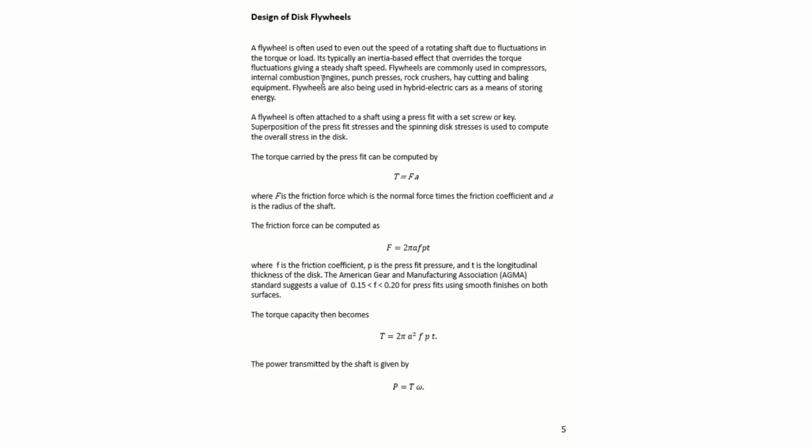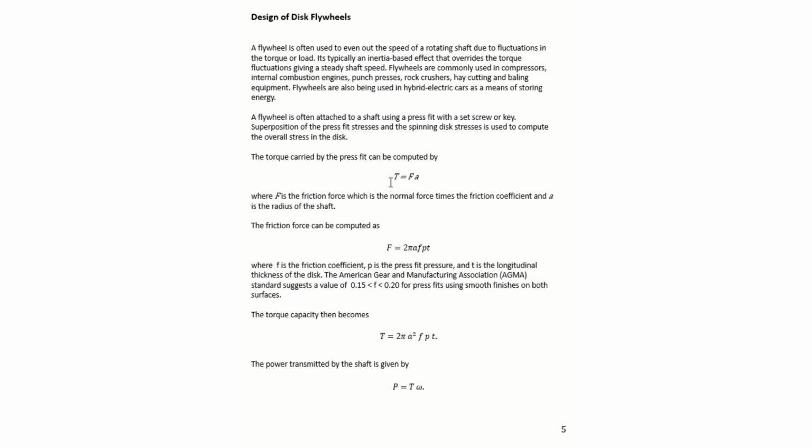The torque carried by a press fit is given by this equation here: you take the force multiplied by the radius, and that is the torque that can be applied without slipping on that press fit.